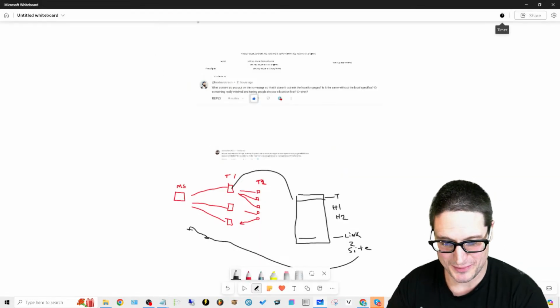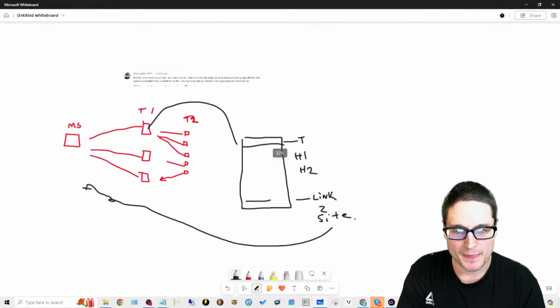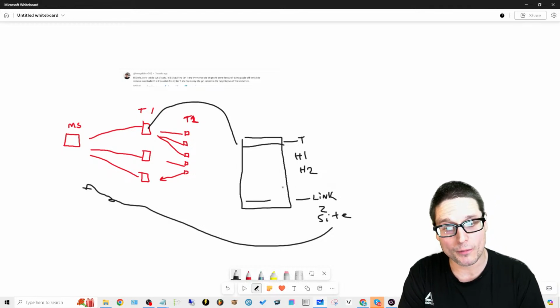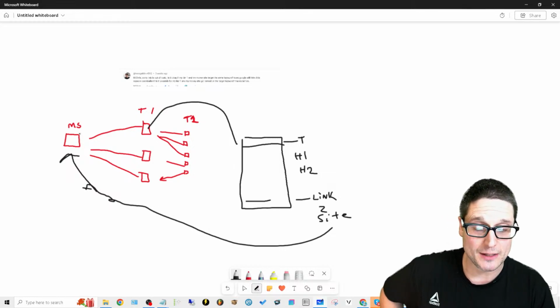I'm trying to draw it out for you. This particular Tier 1 is optimized for the primary term, and there's a link going over to the main website.